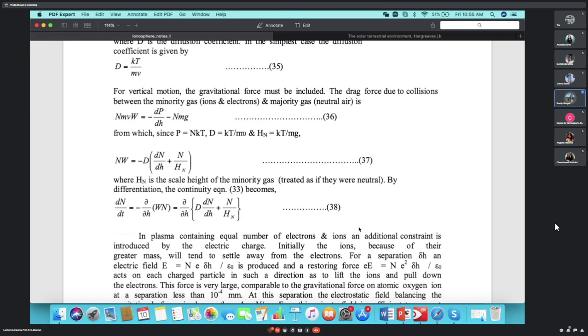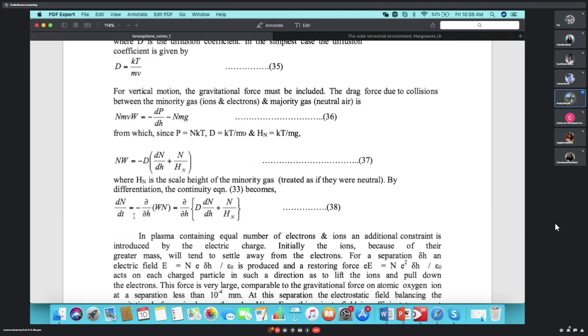We have also discussed it. So H is kT by mg, but at different heights it will have different values because of temperature and because of the mass. Now, differentiating the first equation, dn by dt is equal to minus divergence del h.